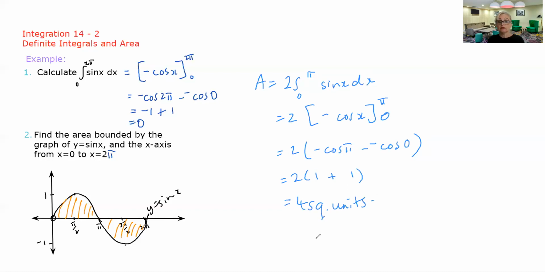You can, alternatively, and this is what you will have to do in a situation where those two areas are not going to be the same, you would do area is from 0 to pi of sine of x dx plus the absolute value of the next section, so from pi to 2 pi.